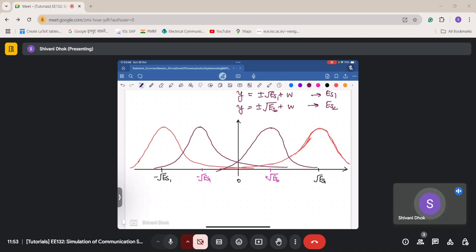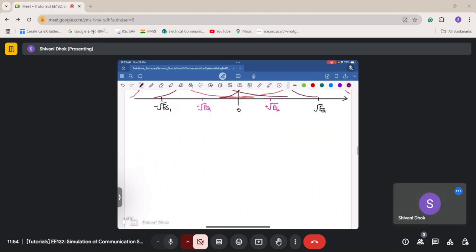So now what you observe is, for this brown line, or for ES2, this overlap here is larger. So again, these two PDFs, these red PDFs, are well separated. However, these are not well separated. So again, you have a higher ambiguity. Therefore, as energy increases, your ambiguity reduces.